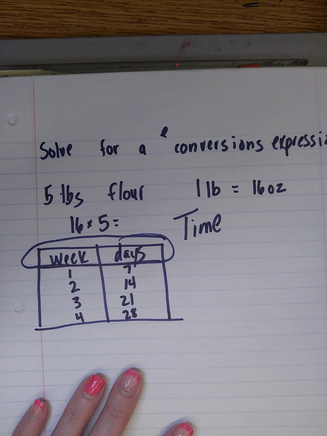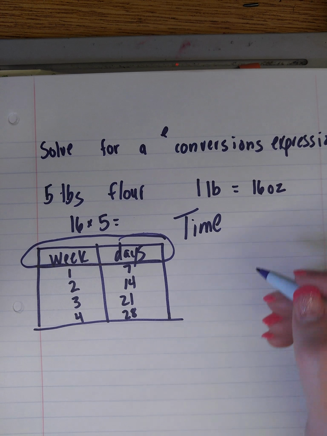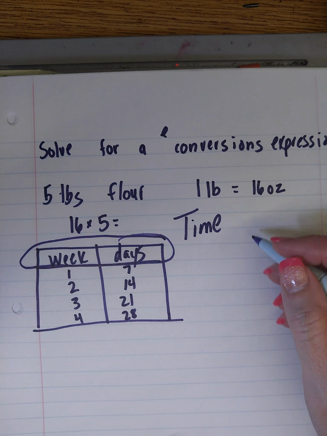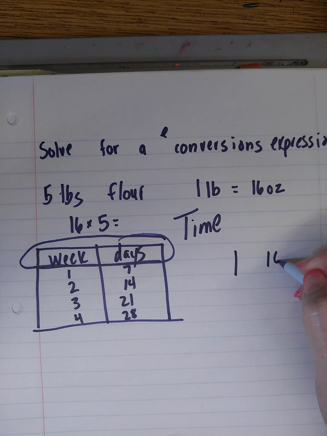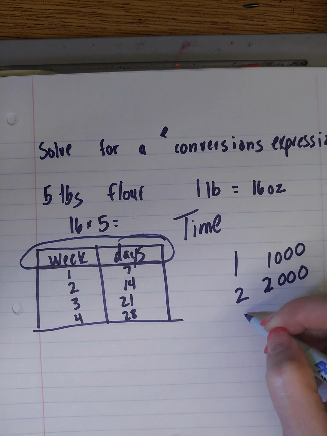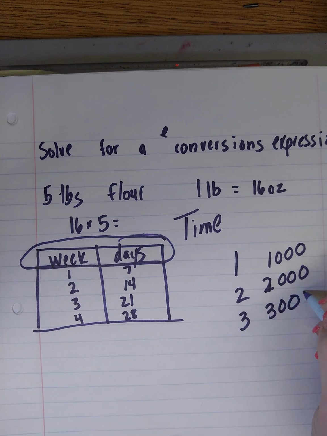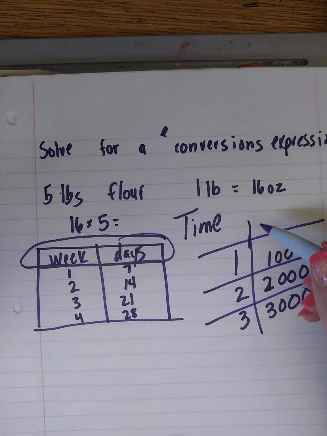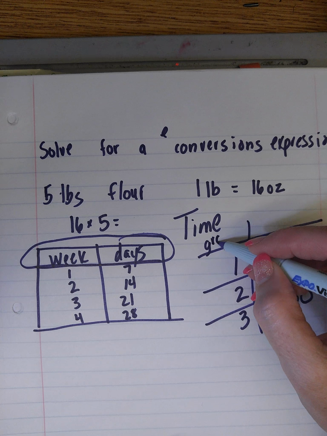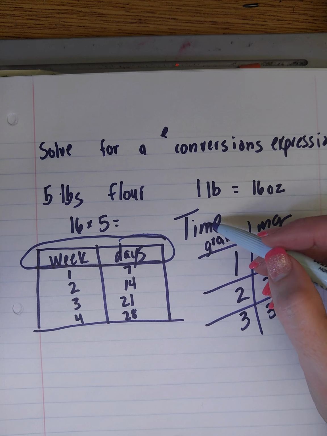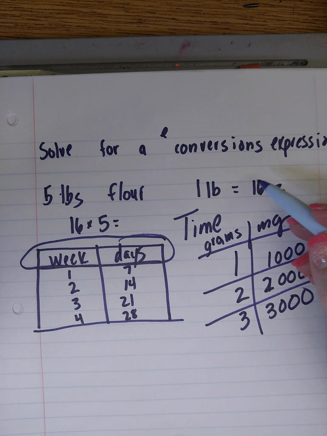And there could be a multitude of labels. So for example, I have kilograms and grams. If it has 1 to 1,000 and 2 to 2,000 and 3 to 3,000, this 2-column chart could actually be grams to milligrams, mg, or it could be kilograms to grams.